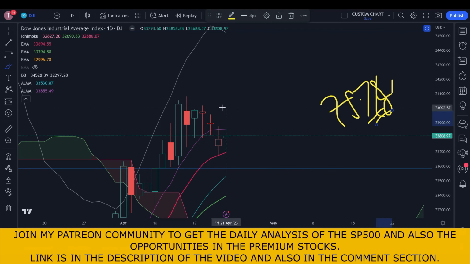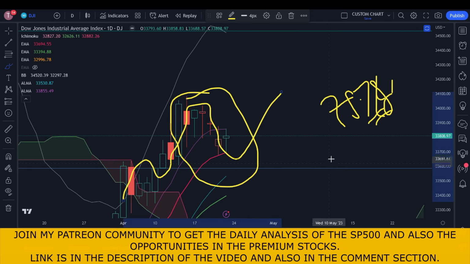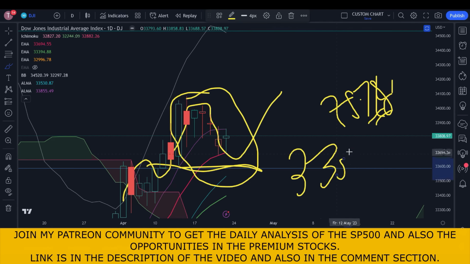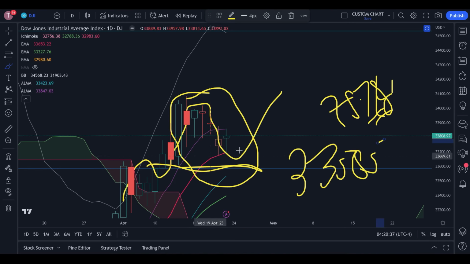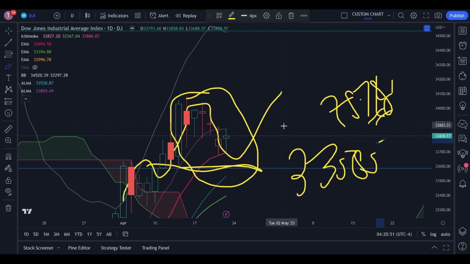Secondly, the pattern is supporting this upward movement in the Dow Jones, and the Dow Jones has very well sustained above its 33,585 mark and above the moving averages, and the candles are good, supporting a bullish movement. So the help that the S&P 500 is in need of will come through the Dow Jones only.